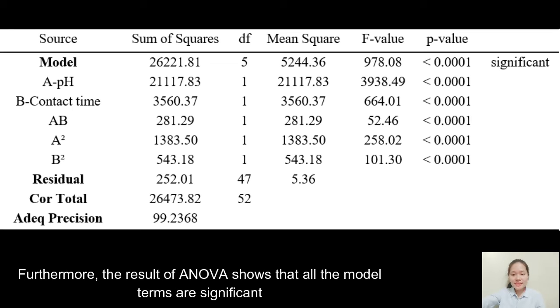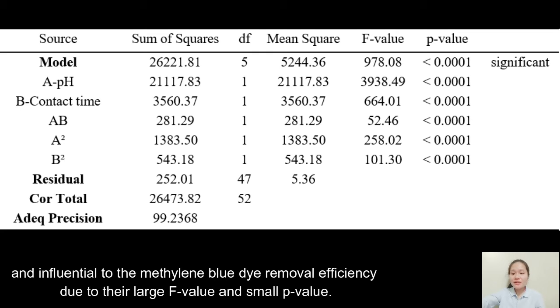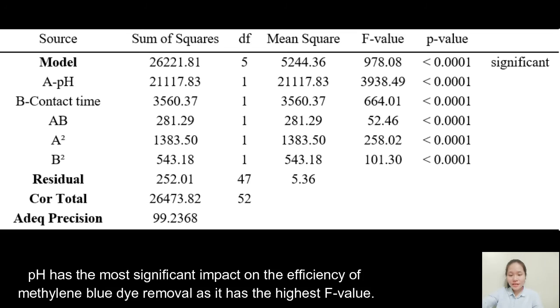Furthermore, the result of ANOVA shows that all the model terms are significant and influential to the methylene blue dye removal efficiency due to their large F-value and small p-value. pH has the most significant impact on the efficiency of methylene blue dye removal as it has the highest F-value.